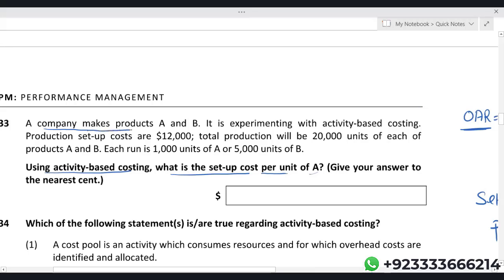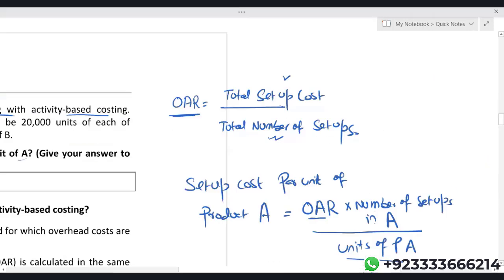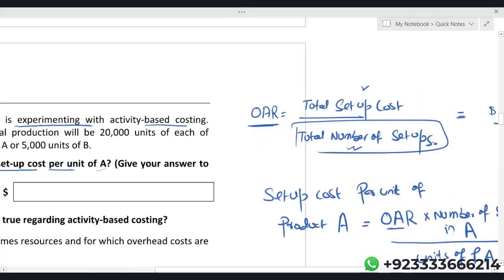A company makes product A and B. It is experimenting with activity-based costing. Production setups are $12,000, so the total setup cost is $12,000. Now we need the total number of setups.